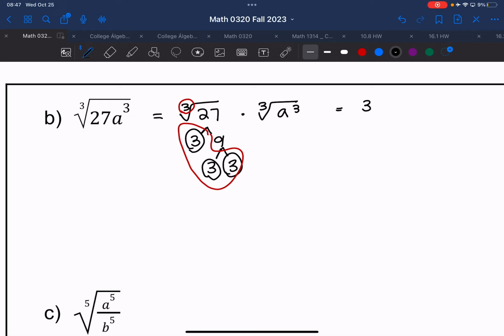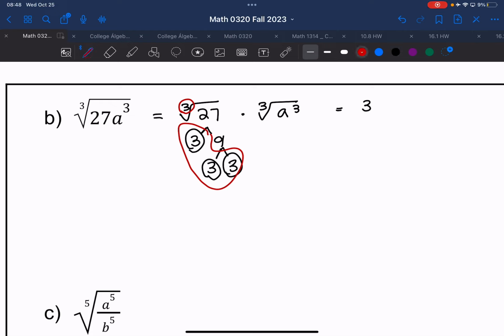What about that next part? We have the third root of a cubed. We don't have to because they cancel.